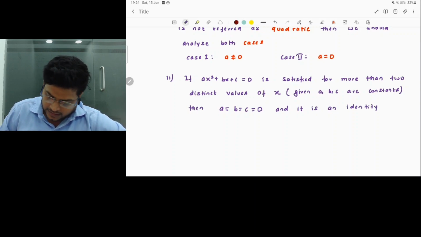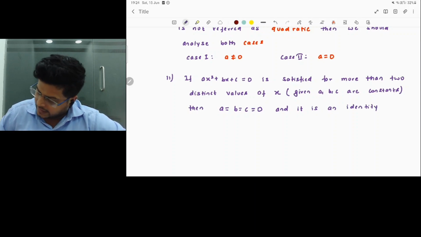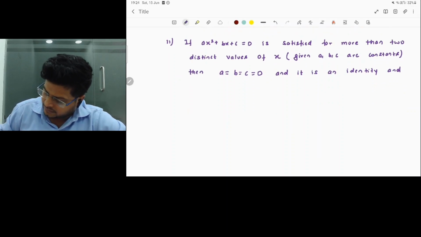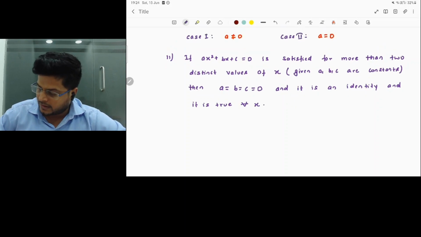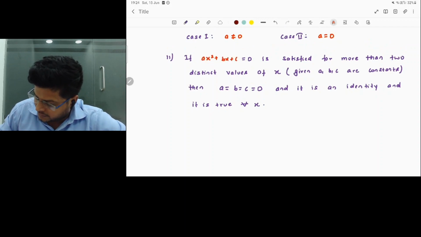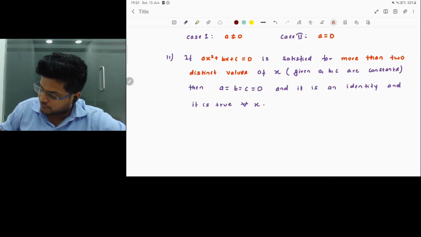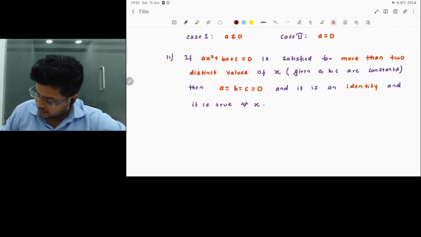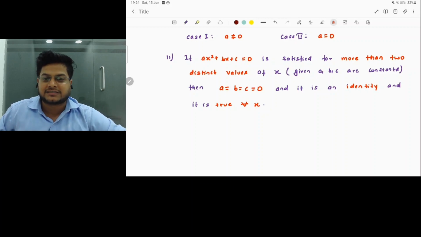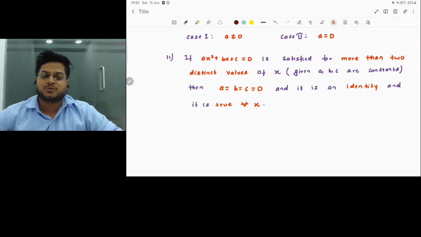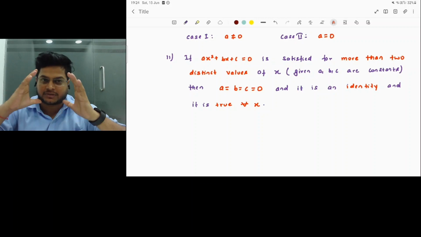It is true for all x. Let me again highlight the important part. If this is satisfied for more than two distinct values of x, then it is an identity. So I'm just highlighting it so that when you are referring to the notes, it will come to your eye directly.